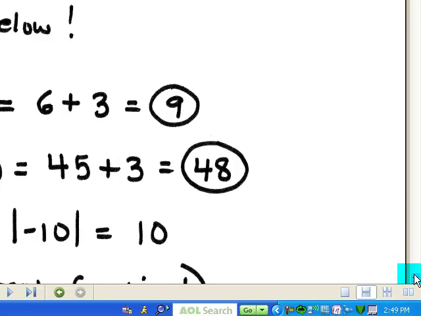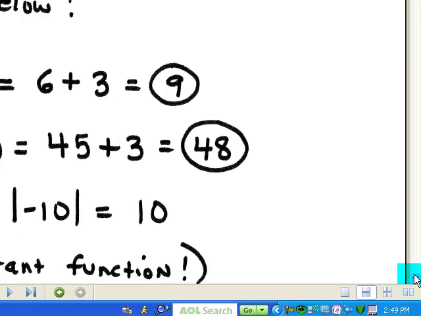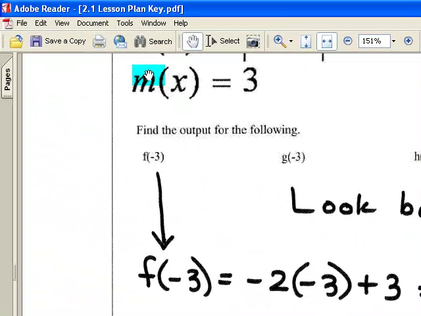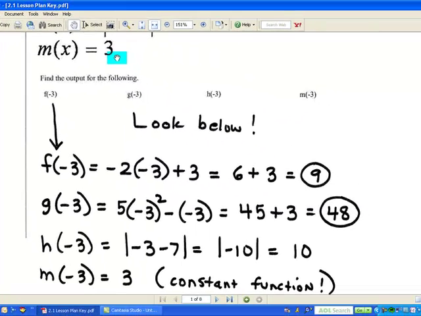Now, the last function asks me to find the value for m of negative 3. Now notice what's weird about this little function here. m of x is equal to 3. Notice that there's nothing on the right-hand side of this equation which represents a function. There's no x value.